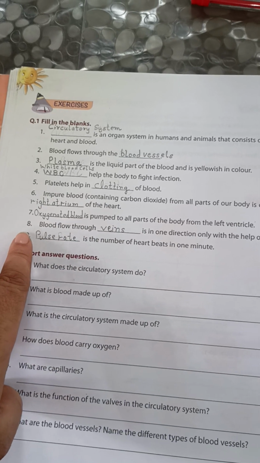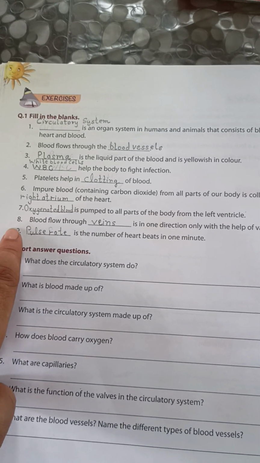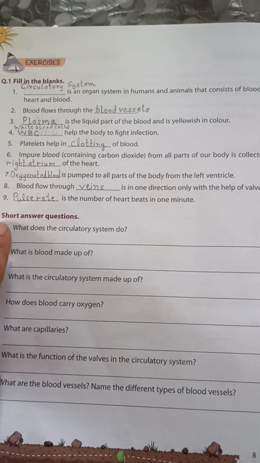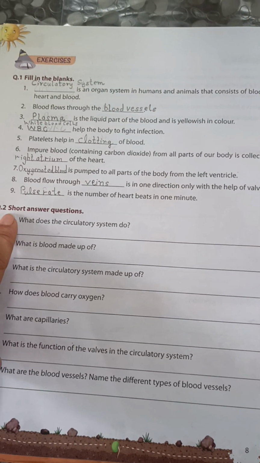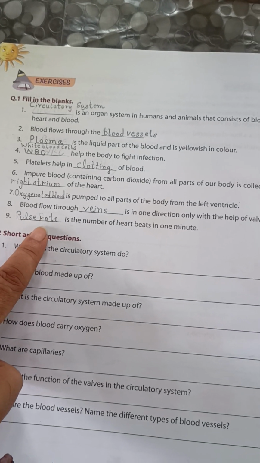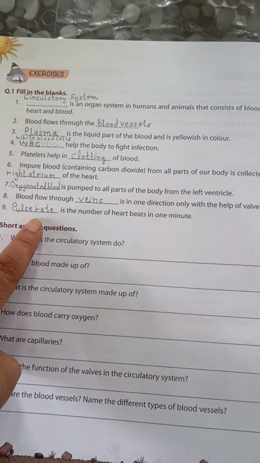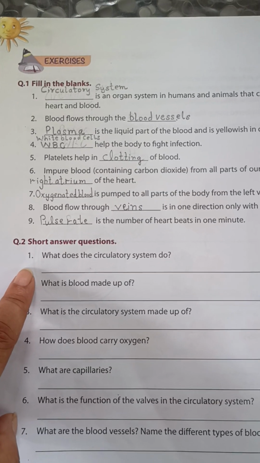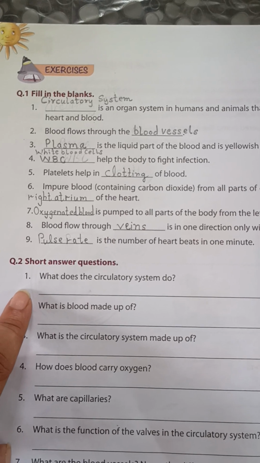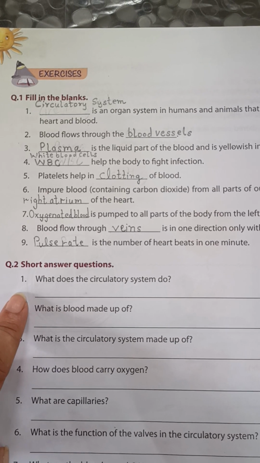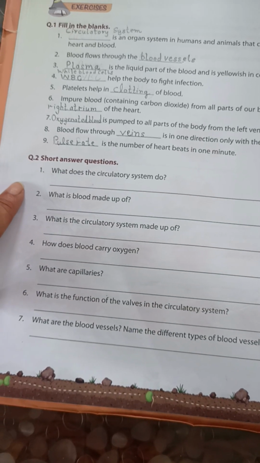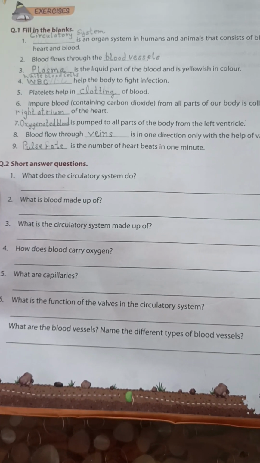And 8th, blood flows through veins in one direction only with the help of valves. So there are 4 valves in our heart. Number 9, pulse rate is the number of heartbeats in 1 minute. So again you can look at all the answers, the blanks I have already filled.